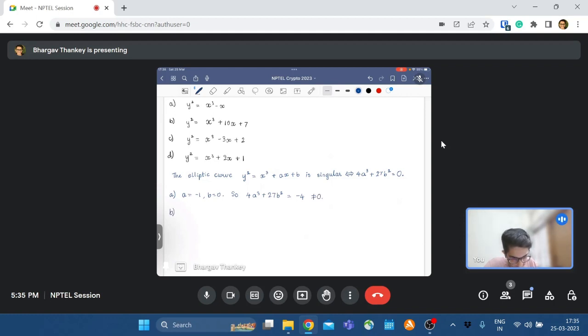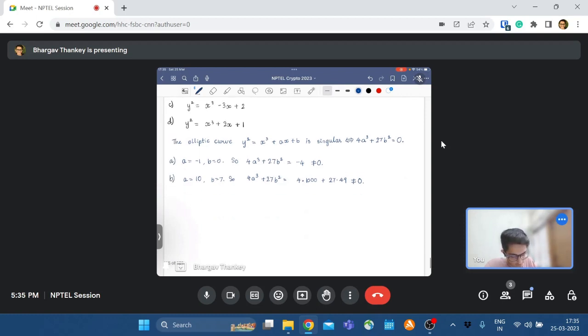What about B? a is 10, b is 7. So 4a cube plus 27b square is equal to 4 times 1000 plus 27 times 49. This is non-zero because all numbers are positive, so we don't need to calculate the exact value.